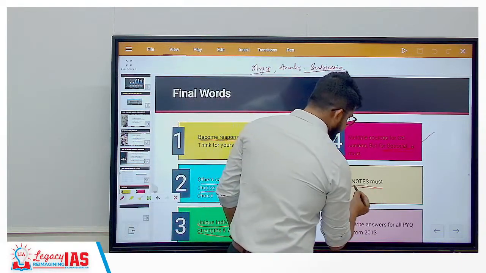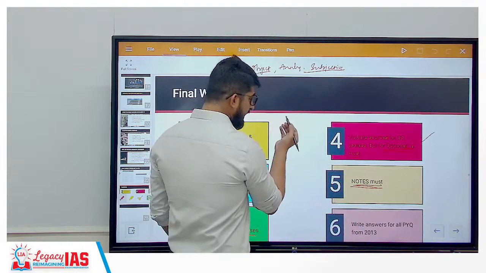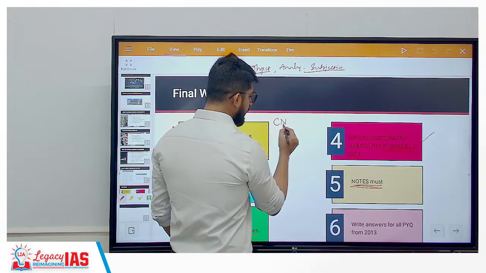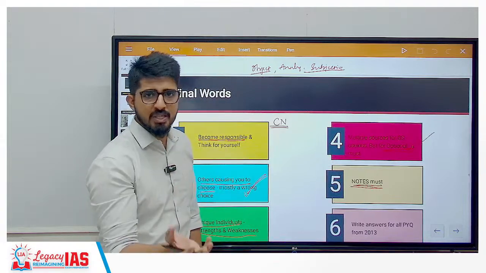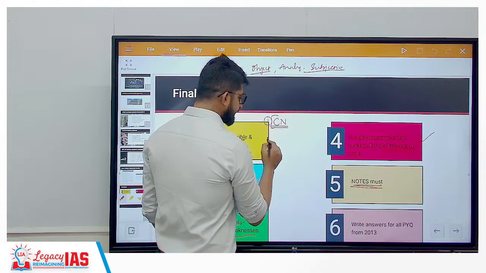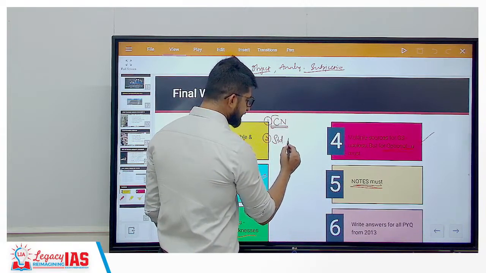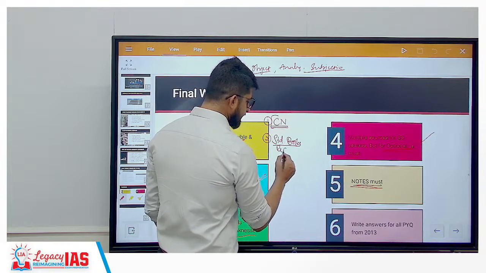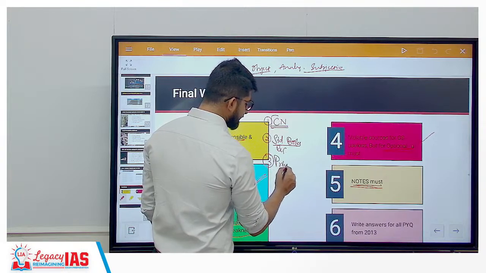It's a must. When I say notes is a must, all I mean to say is, let's suppose you have the class notes. You attend some classes. It doesn't matter whether you are attending here or elsewhere. Class notes, that is the first thing. Second, you have the standard books or the reference books. Thirdly, you may get some printed material as well.